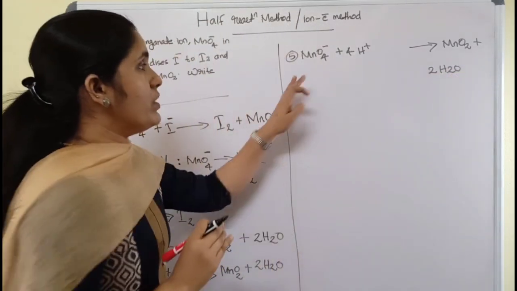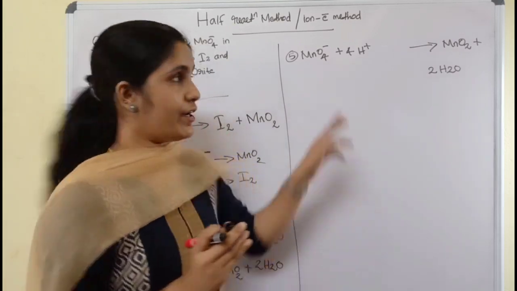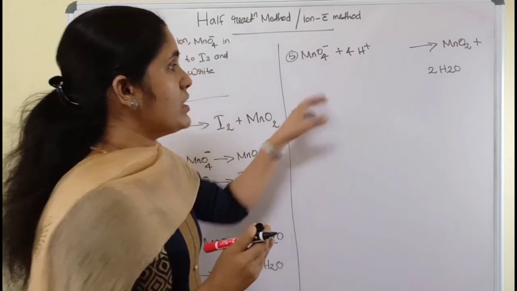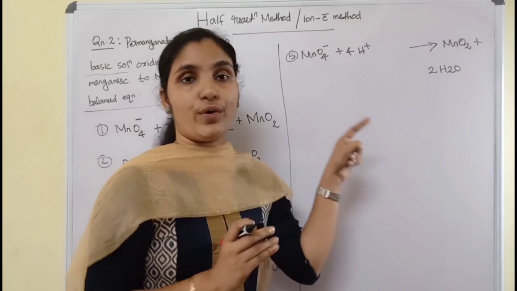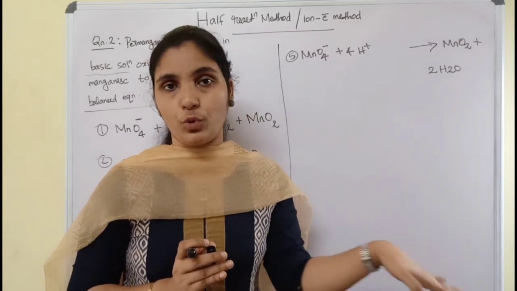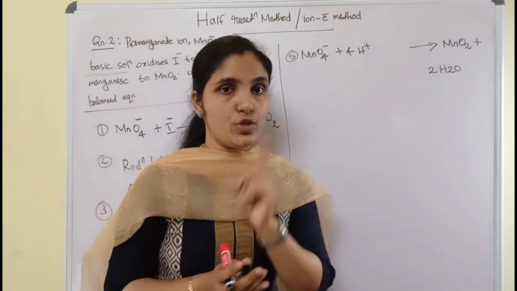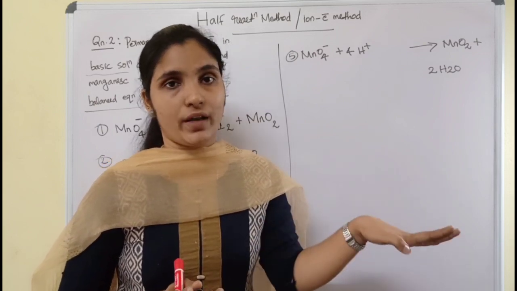Now here, in order to balance the number of hydrogen we have added 4H plus, and since we added 4H plus, to neutralize this 4H plus we have to add 4OH minus also. Clear? Since on the left side it is 4H plus, to neutralize that H plus we should add 4OH minus.